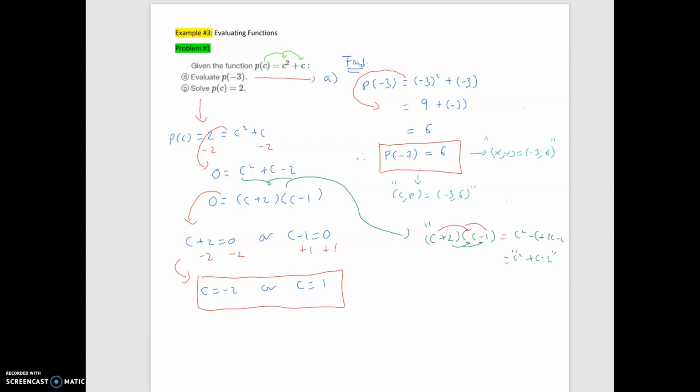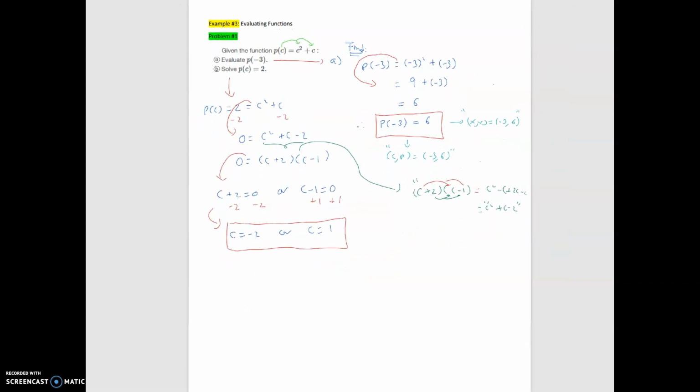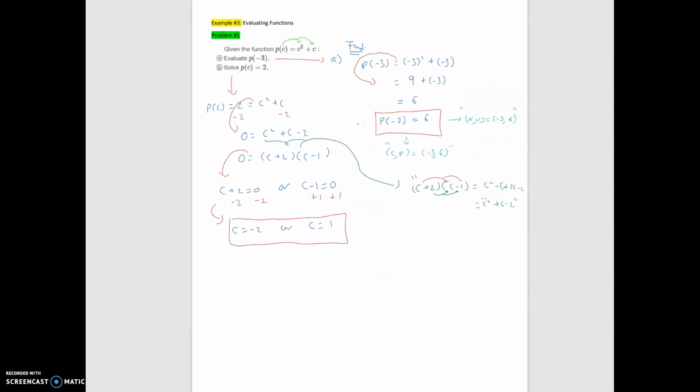Which means that the only values that, when you evaluate p of c, will give you 2, are -2 and 1. That's it for problem B.